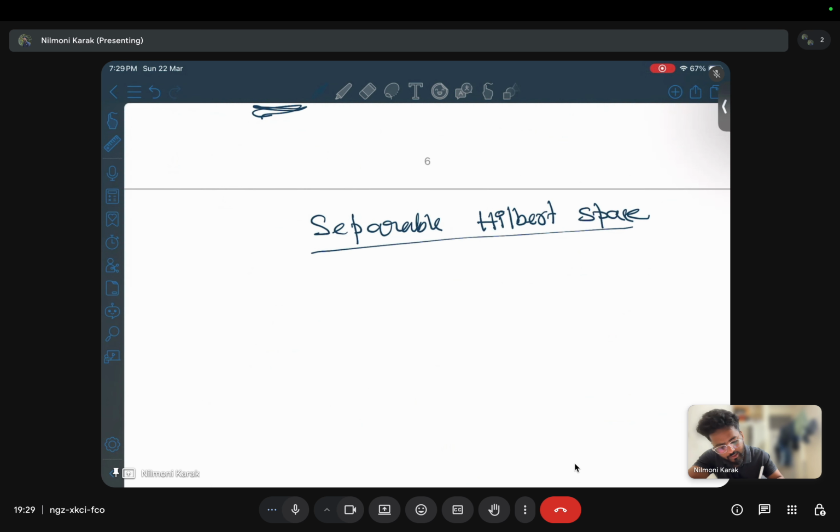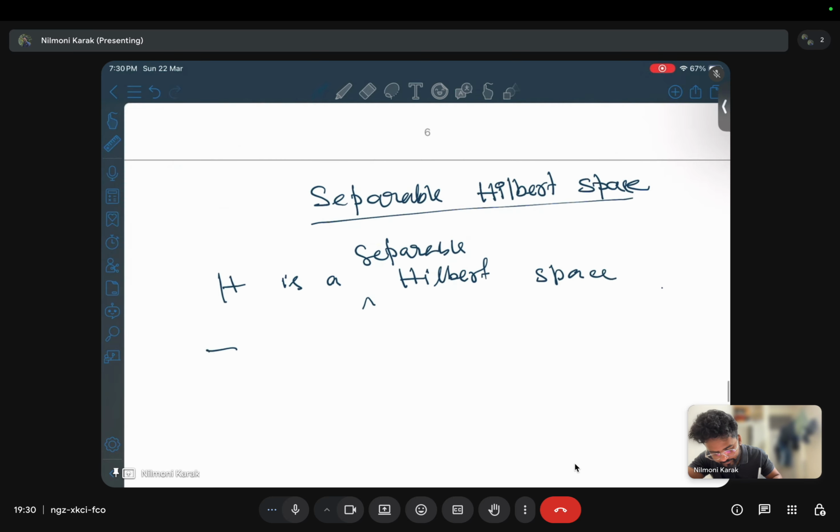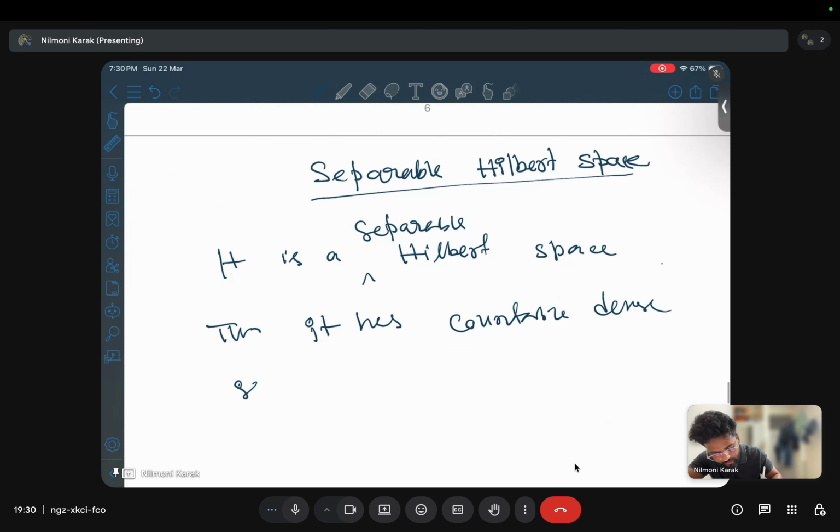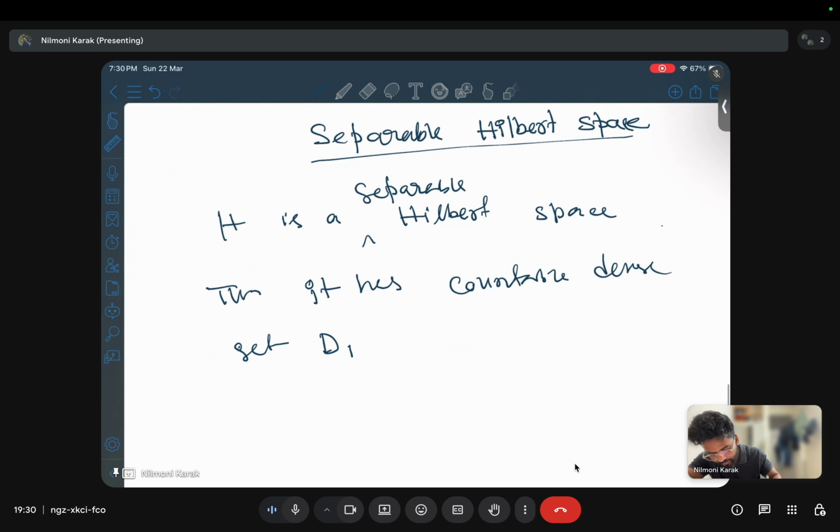So suppose H is a separable Hilbert space, then it has a countable dense set D1, right?